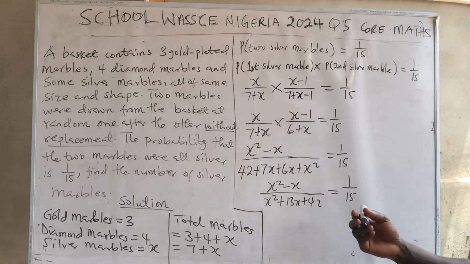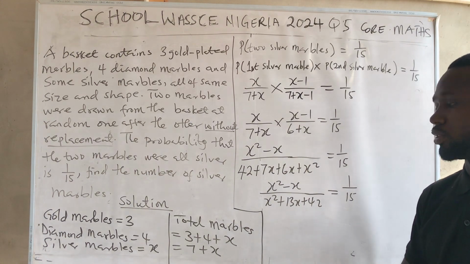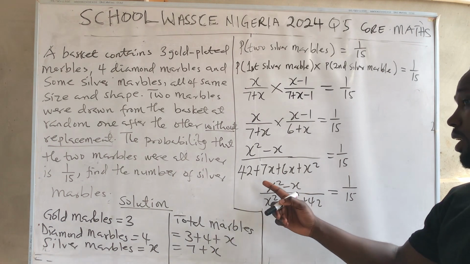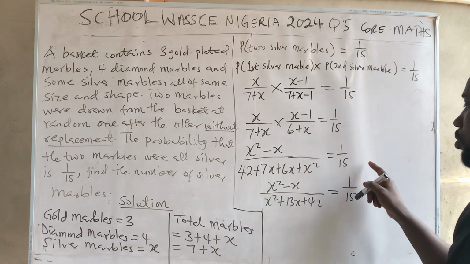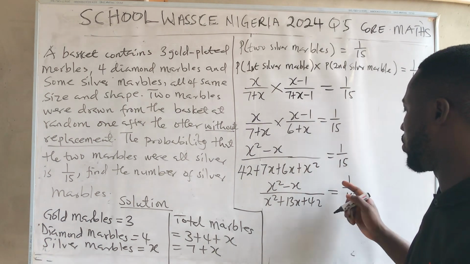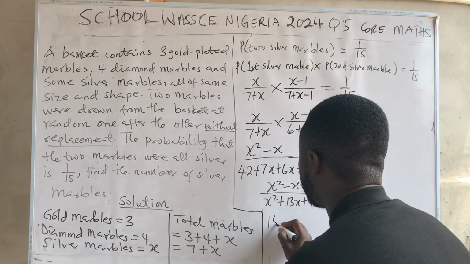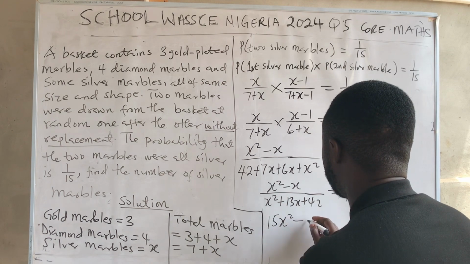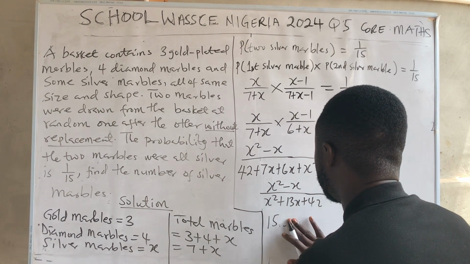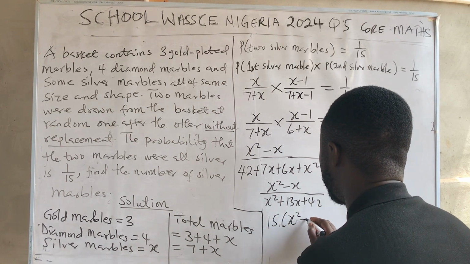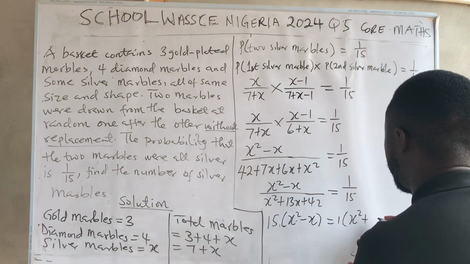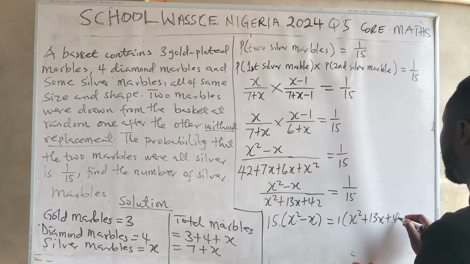So after here, what we can do, we can cross and then we multiply. Alright, we can cross and multiply. So 15 can go and multiply here, and then we can have this one to also multiply here, so that we will have 15s squared minus 15x. 15 multiplying s squared minus x equal to 1 multiplying s squared plus 13x plus 42.